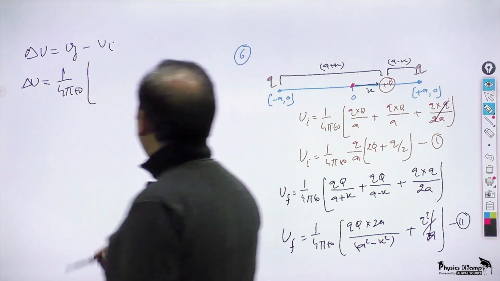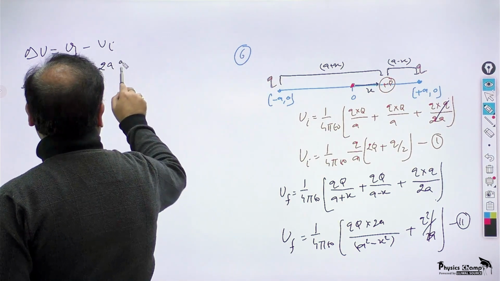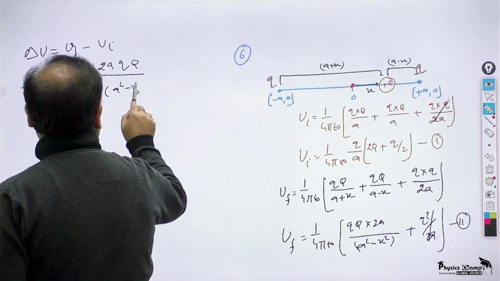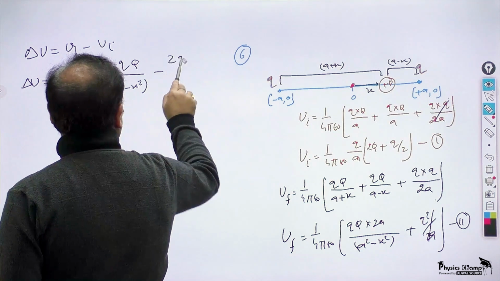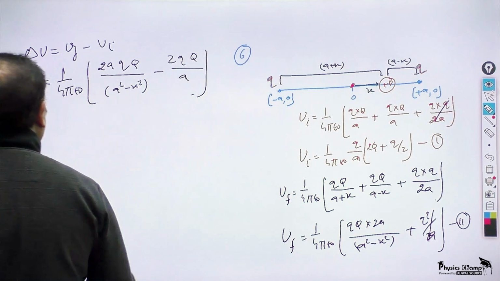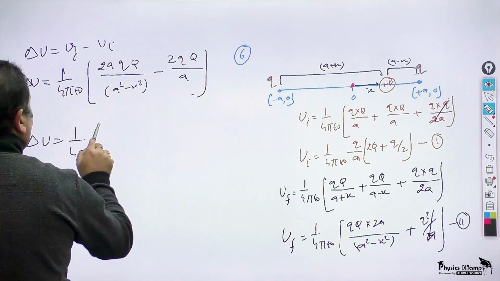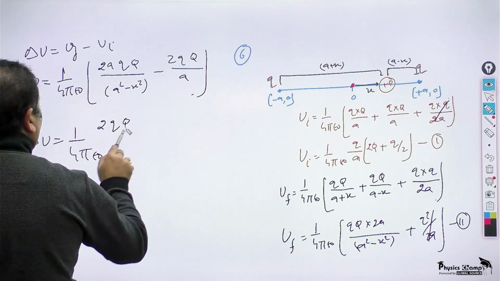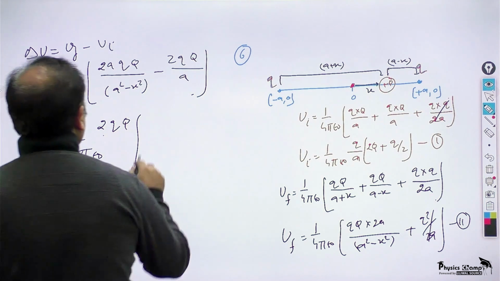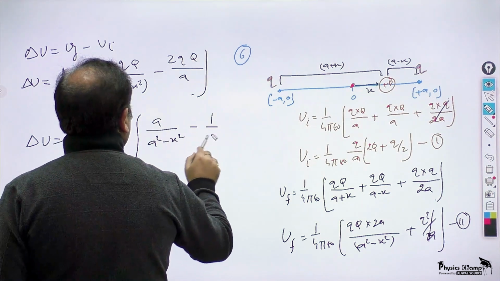So we will have 2a into qQ by a square minus x square, minus 2qQ by a. So here 1 by 4 pi epsilon naught, 2 small q capital Q can be taken out, and you are getting a by a square minus x square, minus 1 by a.